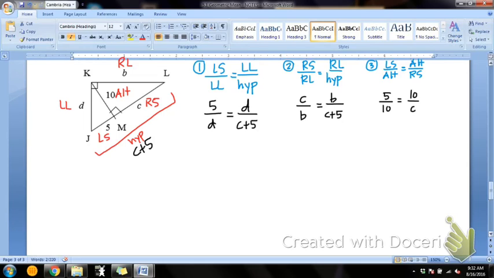Whew. 5 over 10 equals 10 over C. Is that something we can manage? We can do that one, right?